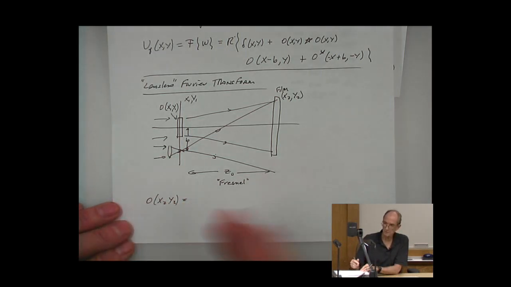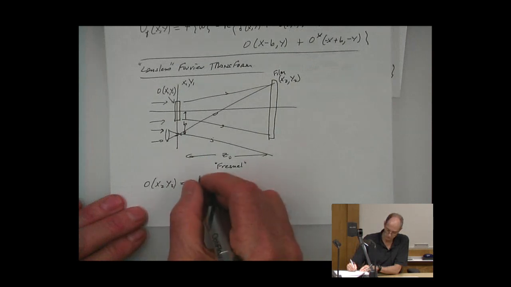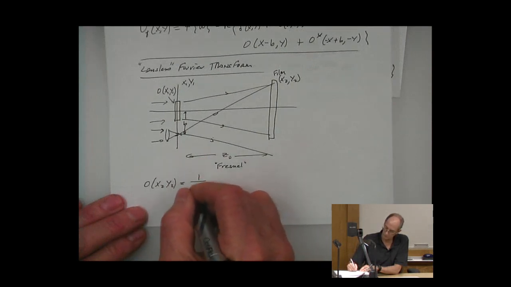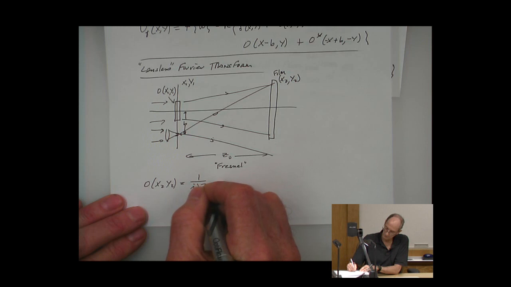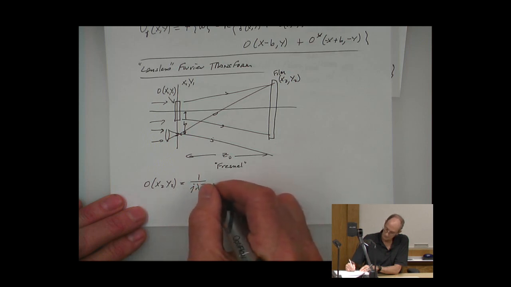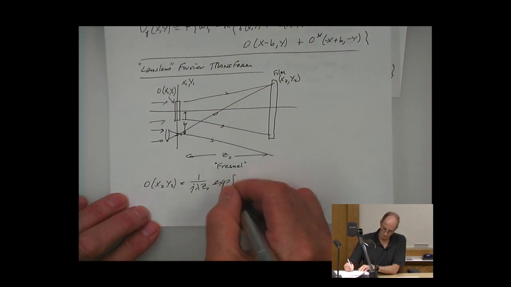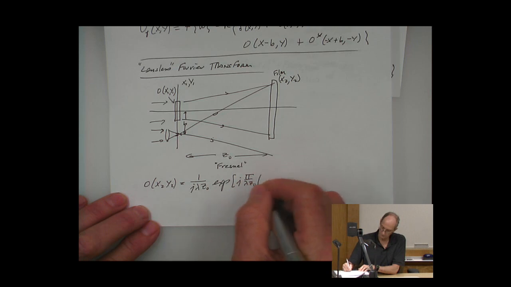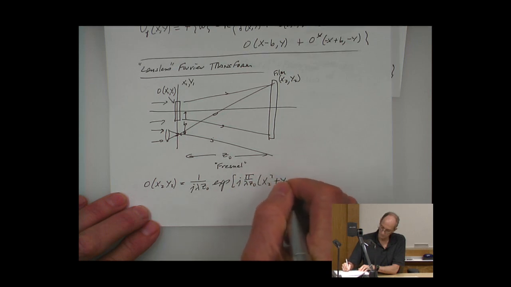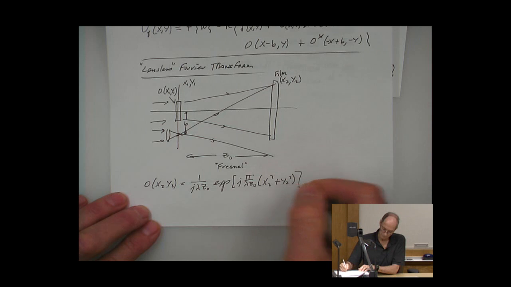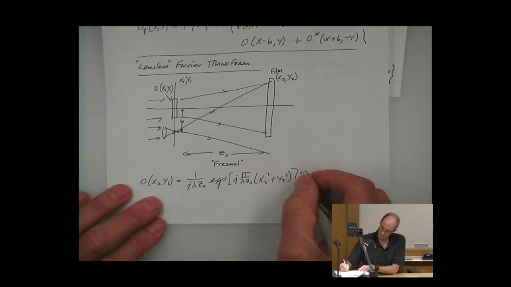So you have O of x2, y2. And this, according to our Fresnel propagation relation, is equal to 1 over j lambda z0 times this phase term, exponential of j pi over lambda z0 times x2 squared plus y2 squared. And then we have the Fourier transform of, as usual, the object field times the quadratic phase factor.